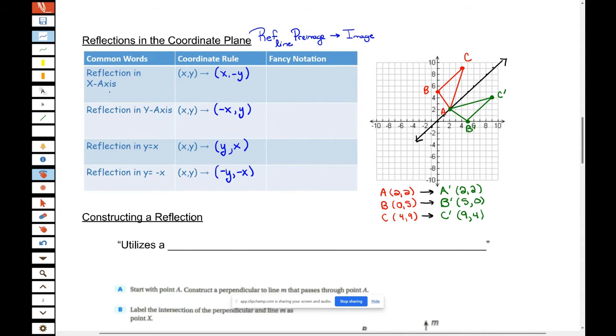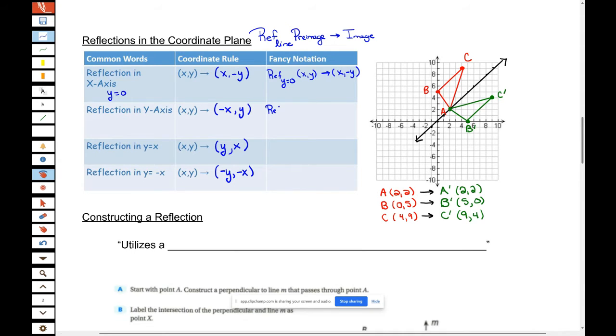So for our first reflection in the x-axis, the x-axis is the line y equals 0, a horizontal line. So it could say x-axis as a subscript, or it could say y equals 0. Maps a point x y to a point x, the opposite of y.